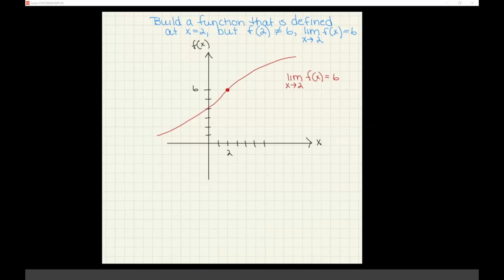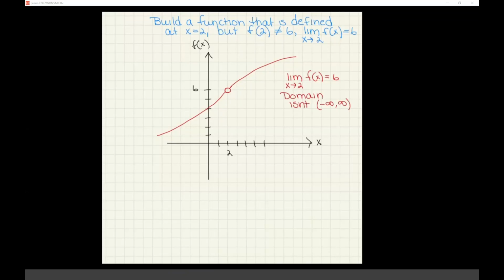Suppose instead of a circle there, though, I put a hole. Well, now you're looking at it and you're saying the limit is still true, but now the domain isn't negative infinity to positive infinity, right?